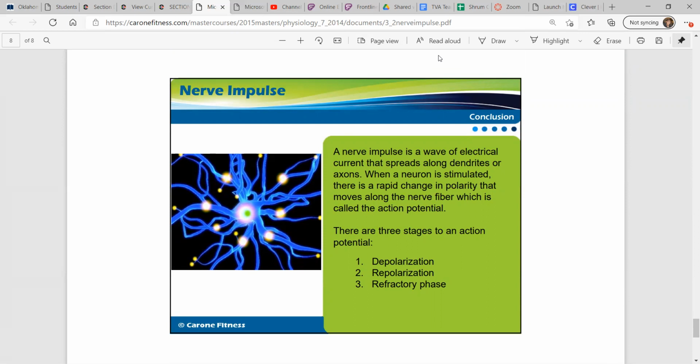And there are three stages to an action potential: depolarization, that is when sodium ions are entering the cell, and repolarization, that is when it's trying to get back to normal by sending potassium ions out of the cell and closing the sodium gates. And then the refractory phase is when potassium ions are returned to the inside of the cell and sodium ions are returned to the outside of the neuron cell.